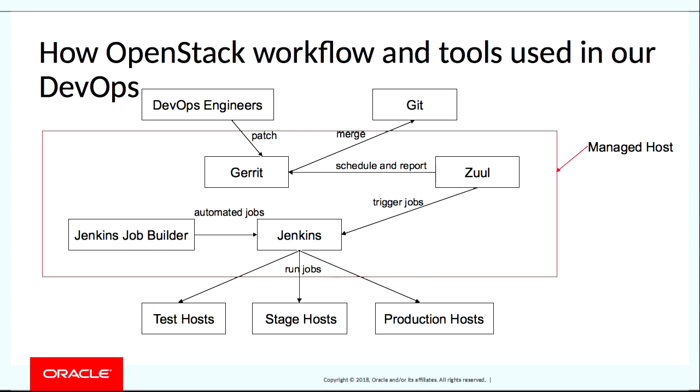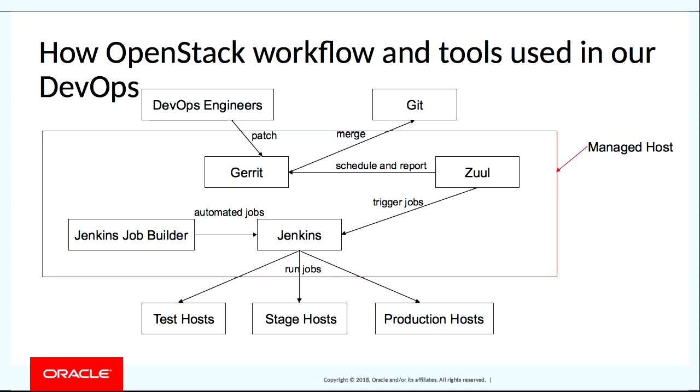First, we use one internal Git repository to manage our operation scripts, and we involve the code review system Gerrit for code review. We use the integration management tool Zuul to schedule and report the test pipeline.